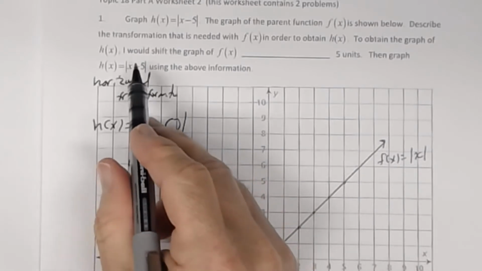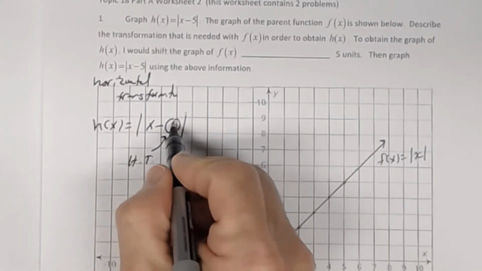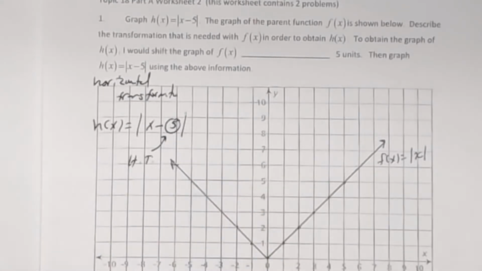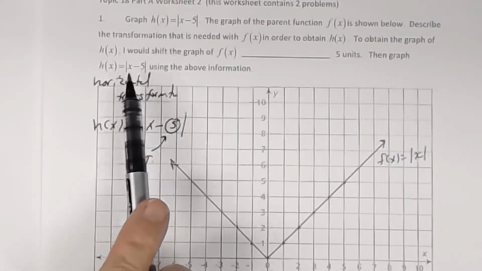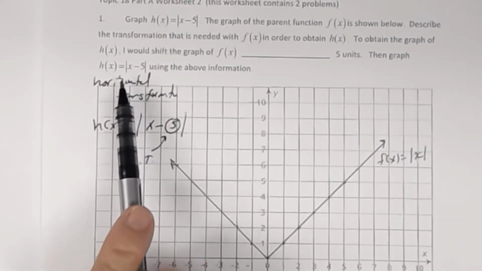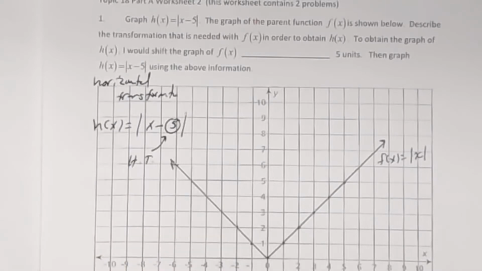And so notice x minus 5. So 5, positive 5 is your horizontal transformation. So think the opposite of what you see so you don't get confused. It is difficult to remember. The horizontal transformation is more difficult to remember.